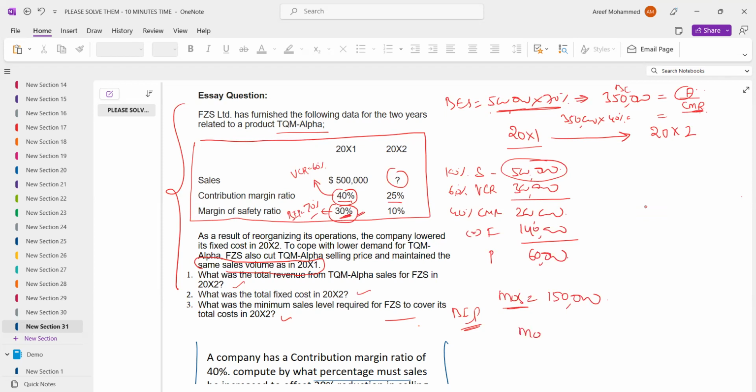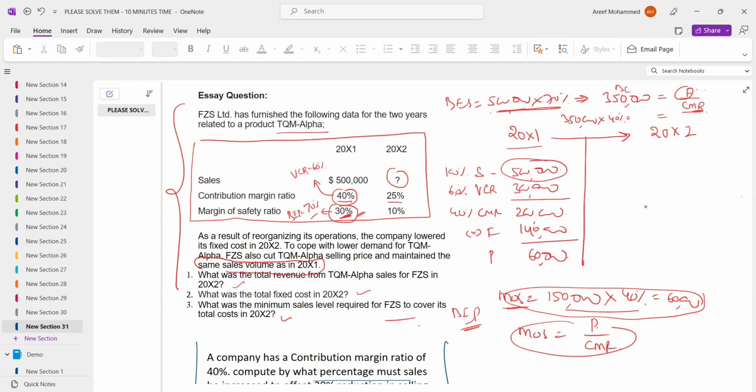We know that margin of safety is equal to profit by CMR. So cross check whether it is correct or wrong. Margin of safety 150, CMR is 40%. Am I getting the same 60? Valid, no? Okay, this is the existing situation.